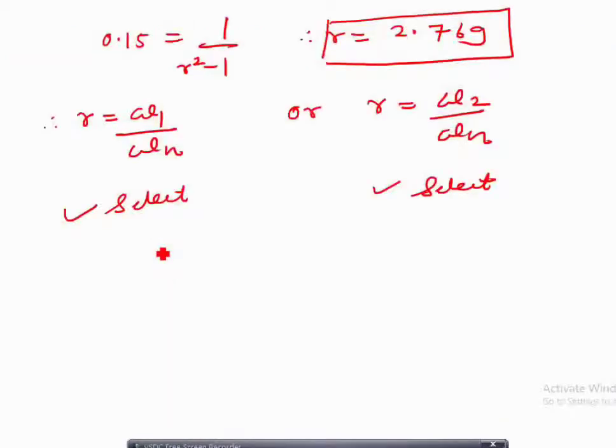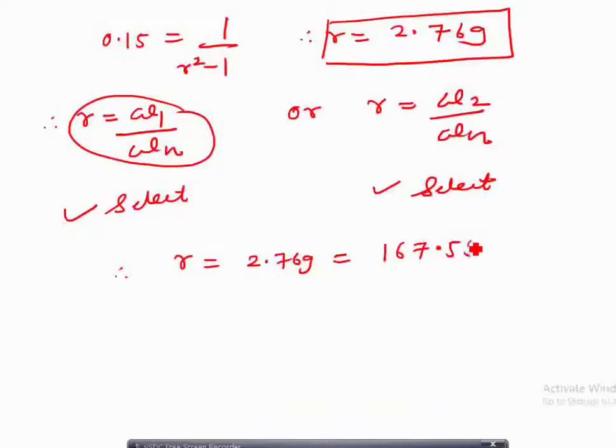So that is why, which speed will you select? You will select omega 1. So R is equal to 2.69, which is omega 1, which I have already calculated, 167.55, divided by omega n.